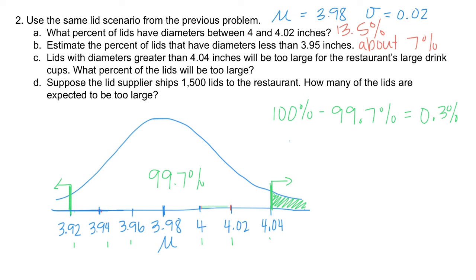So if we divide that by 2, we get both little tail areas. That's 0.15% here, and 0.15% is less than 3.92. So my answer is just going to be 0.15%.